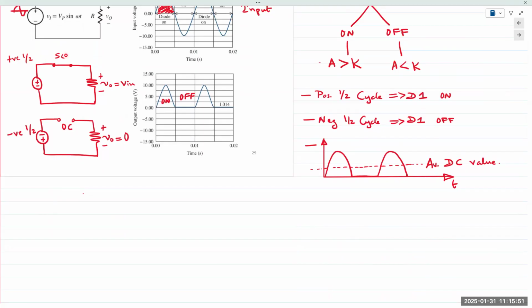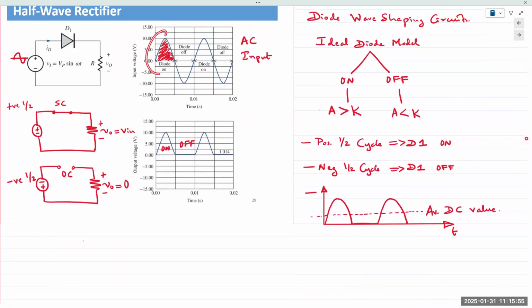If it's an ideal diode, then at the output we get the exact same voltage value as V in. So since I'm using an ideal diode model, V out is exactly equal to V in in the positive half cycle.